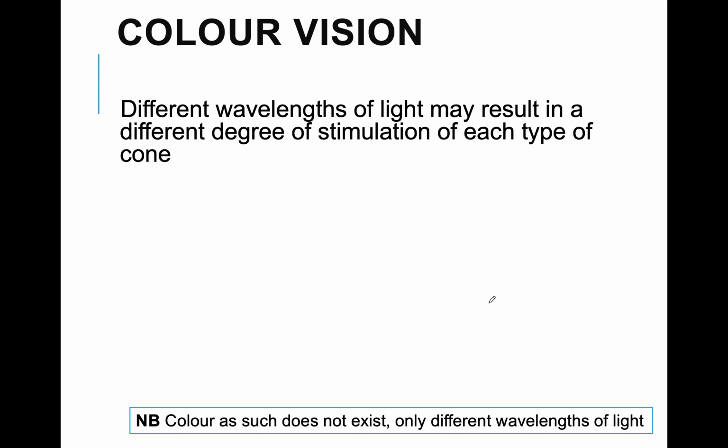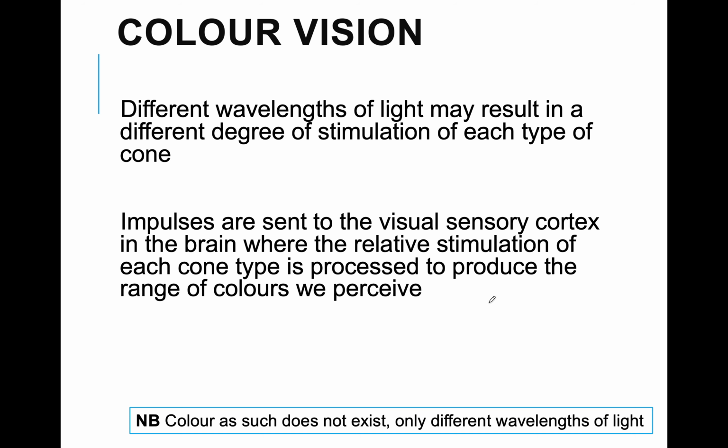So, different wavelengths of light may result in a different degree of stimulation for each type of cone. Impulses are then sent to the visual sensory cortex in the brain, where the relative stimulation of each type of cone is processed to produce the range of colours which we perceive.